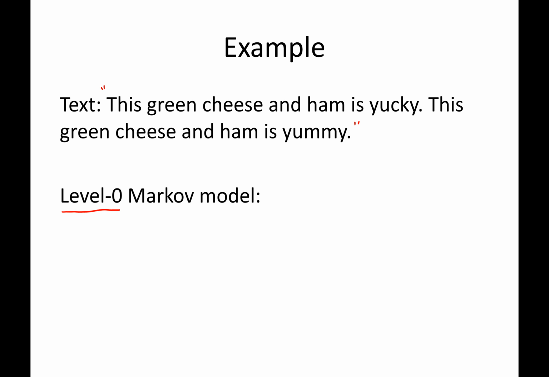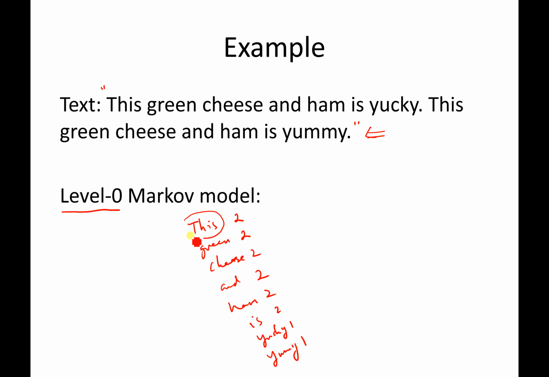Level 0 means I don't use any history. If this is the training text, and you build a level 0 Markov model, you know that this occurred twice, green twice, cheese twice, and twice, ham twice, is twice, yucky once, yummy once. These are the different states, and there is no transition probability because the current state doesn't depend on any history.